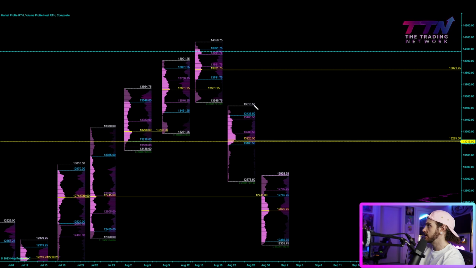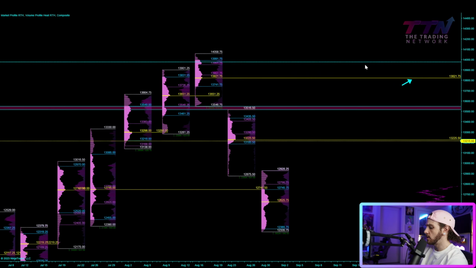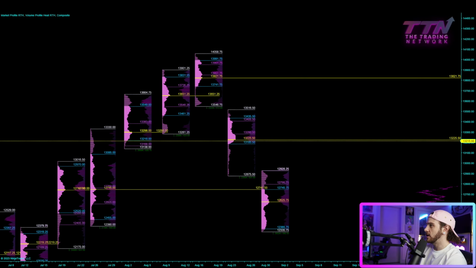And then you can see that this is a little zone here being created by the weekly high from August 22nd, 2022, and the August 15th weekly profile from 2022. So that's an important area, and a move above that very likely brings us up to 13,820 to tap this naked POC from August 2022. So that is where I'm looking at on the upside.